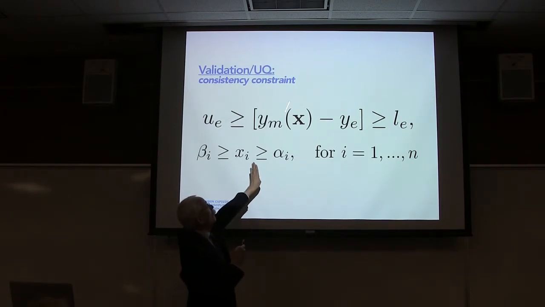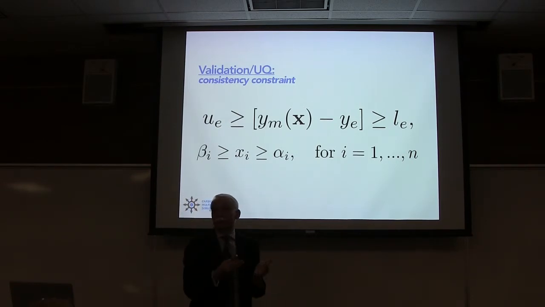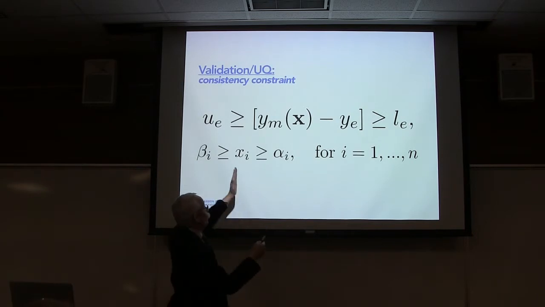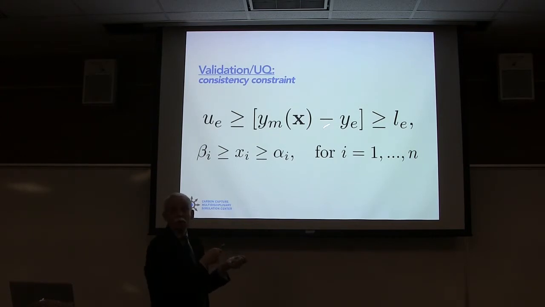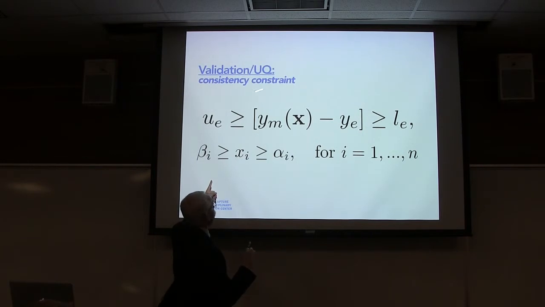And we want to compare it with these experimental observations that we make for that same quantity of interest. That's YE. We would like the model and the experiment to agree within the uncertainty of the experiment.